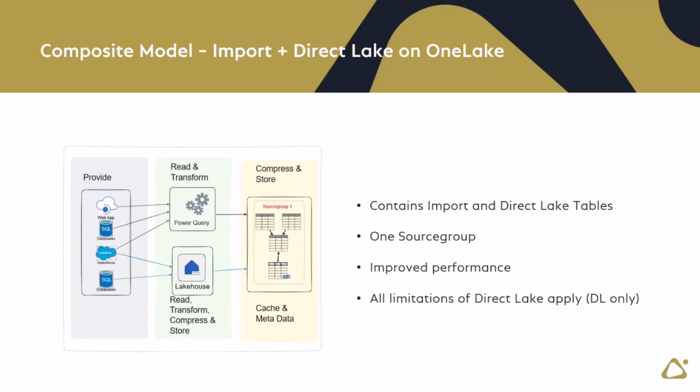That's due to the fact that Direct Lake, or the delta tables in OneLake, can be read by the Vertipaq engine natively. That gives this model a major advantage. It performs all the queries in one area.